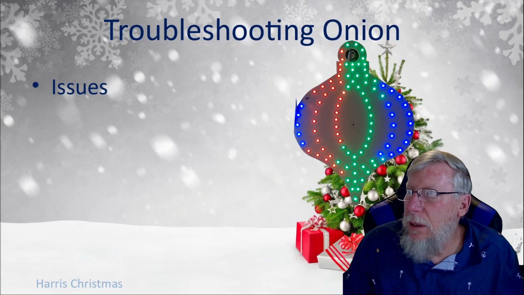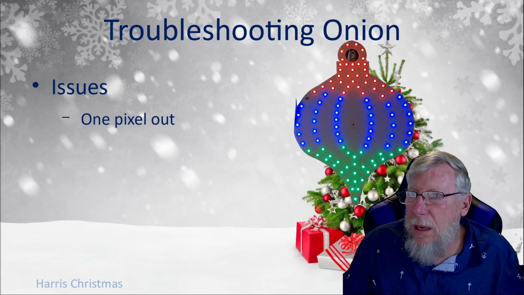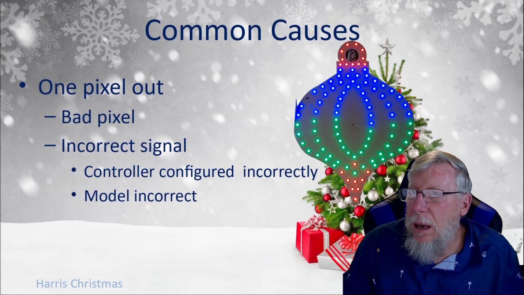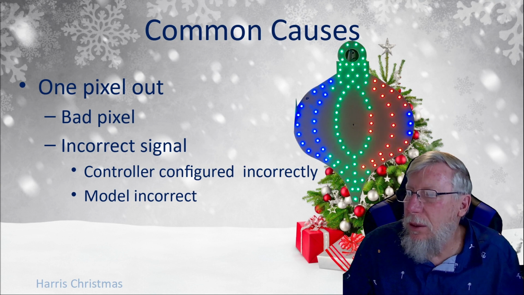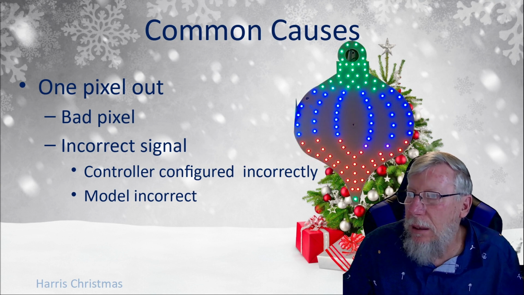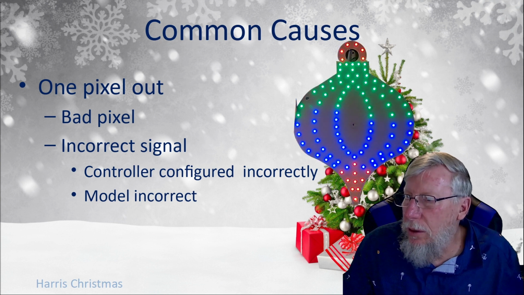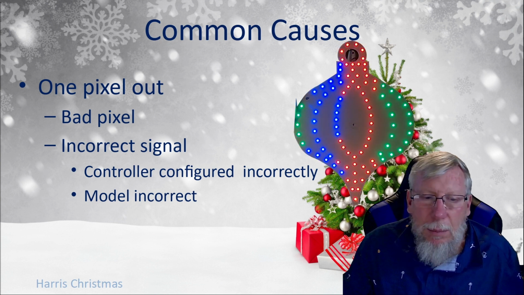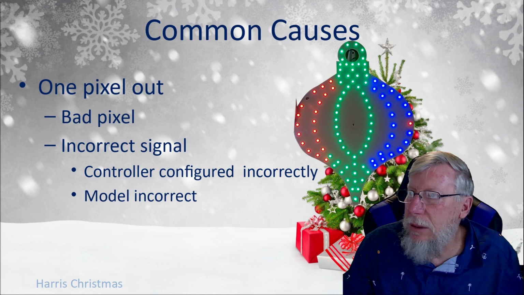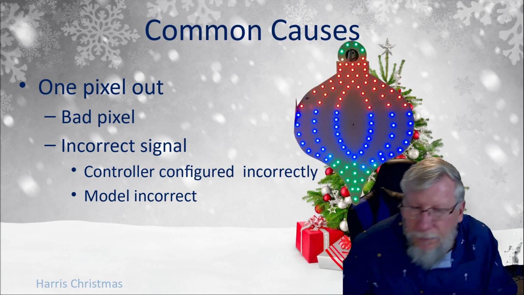So troubleshooting the onion. Issues with that, it had 1 pixel out. And what did we say the common causes were? Either a bad pixel, incorrect signal because the controller configured it incorrectly, or the model incorrect. Well, I'm pretty sure the controller configured it correctly and the model's correct. So let's go change the pixel.